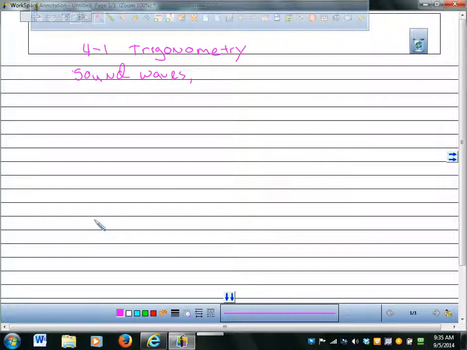Anyone else have any ideas? Any kind of orbits of planets? Orbits of planets are based on sine. You can model them with sine and cosine and all kinds of different trig functions. What else? I have some lists here.